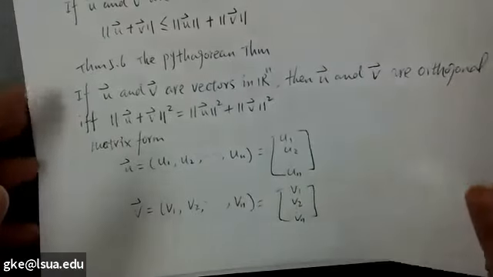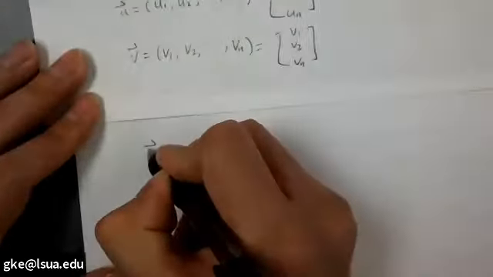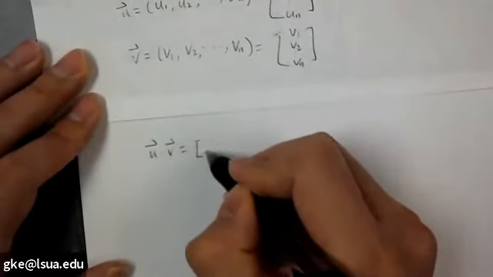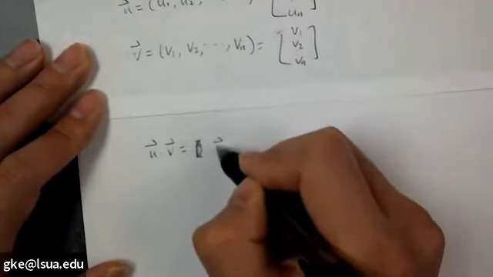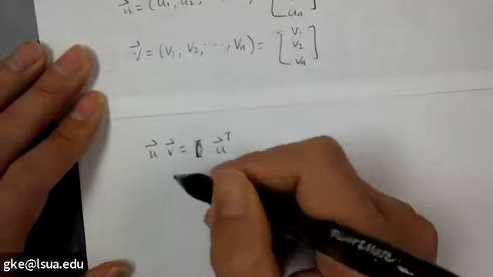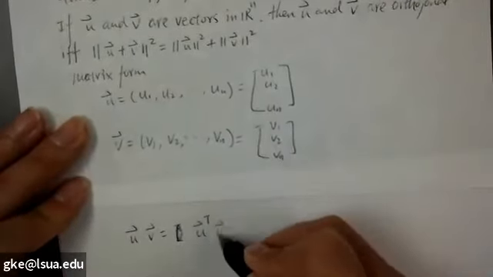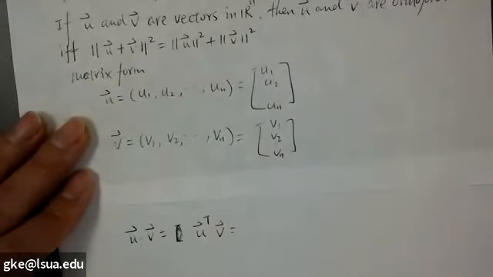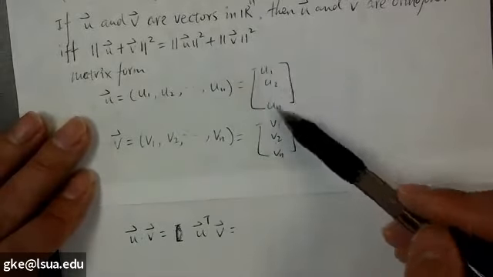And of course, you can write the dot product this way: u transpose times v. If we write it in matrix form, u is a column, right?